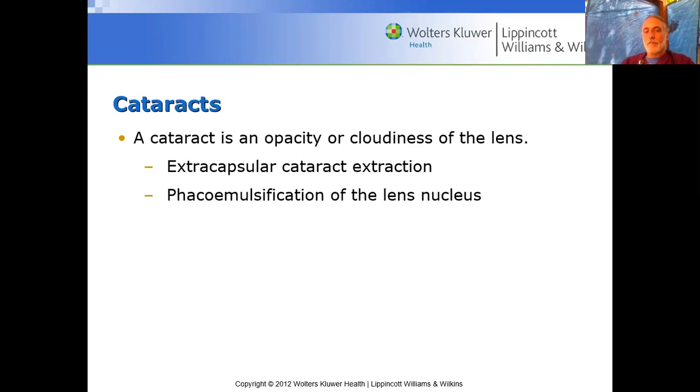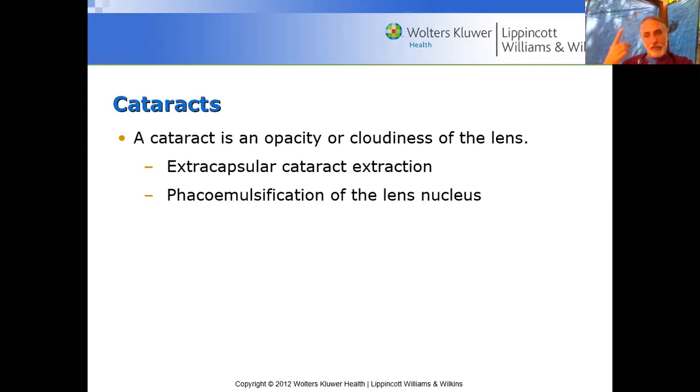Cataracts. Achoo. It is allergy season. Yay. So, an opacity or cloudiness of the lens. So, the part that lets light through, focuses it on the retina, right? So, a couple of treatments for cataracts.